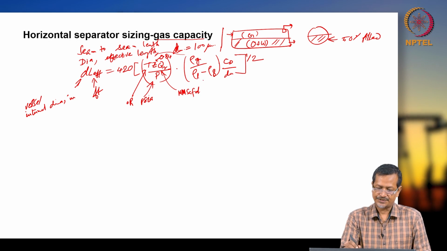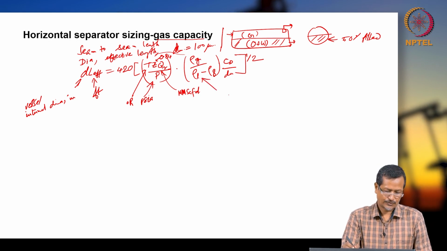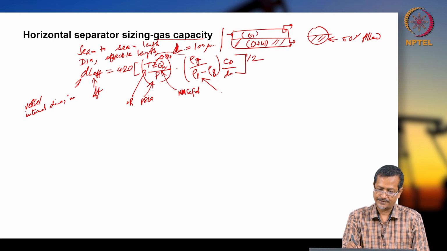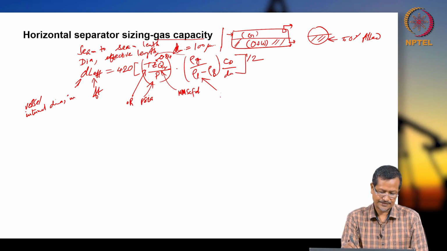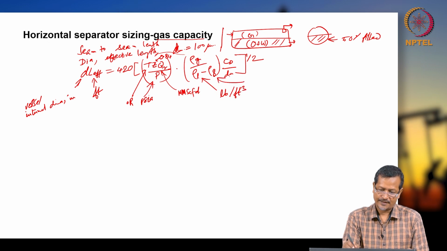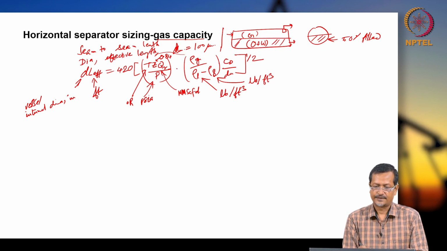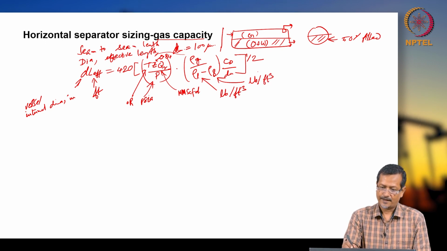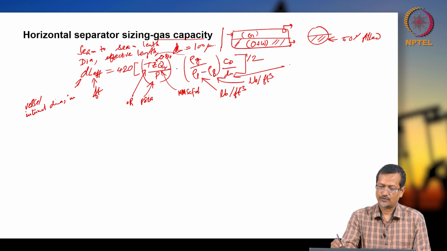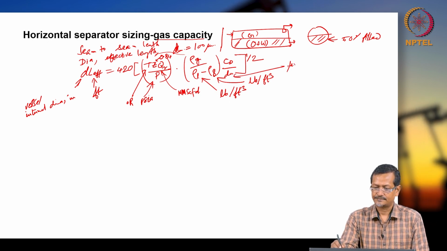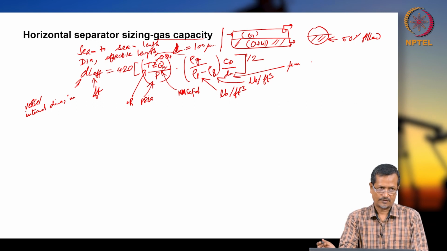Then rho G and rho L. rho L is the liquid density, in pounds per cubic feet, and rho gas is again the same, pounds per cubic feet. And dm is your particle diameter in micron, micrometer, right?